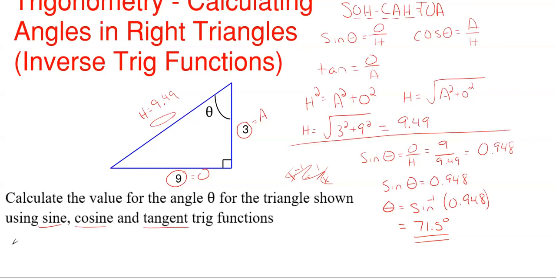Alright, let's move on to the cosine of the angle, which should give us the same value. Cosine of theta is the adjacent over the hypotenuse, which gives us 3 over 9.49, which in decimal form is 0.316.